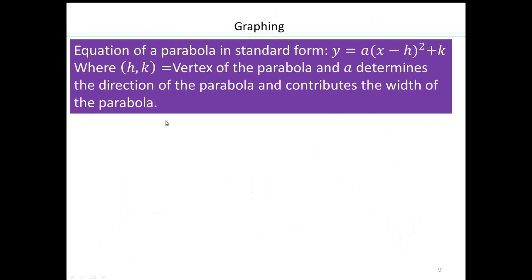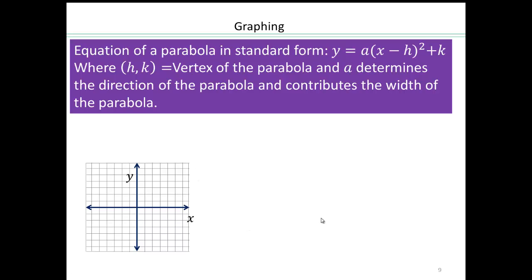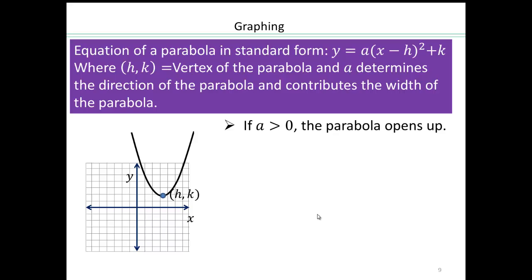And if you have a parabola, then h and k are going to give you your vertex, or determines how much left and right you go. A determines the width of the parabola. So if you have hk is your vertex, A will make the parabola open upwards if A is positive.